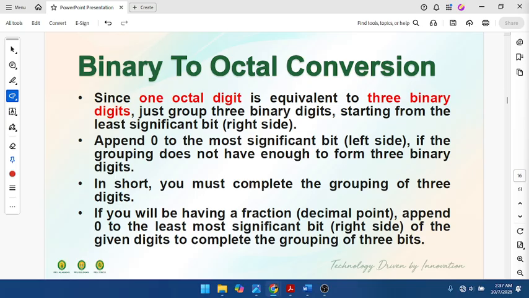The most important rule is that one octal digit is equivalent to three binary digits. So to convert, simply group the binary string into sets of three. For example, we have 10111010.